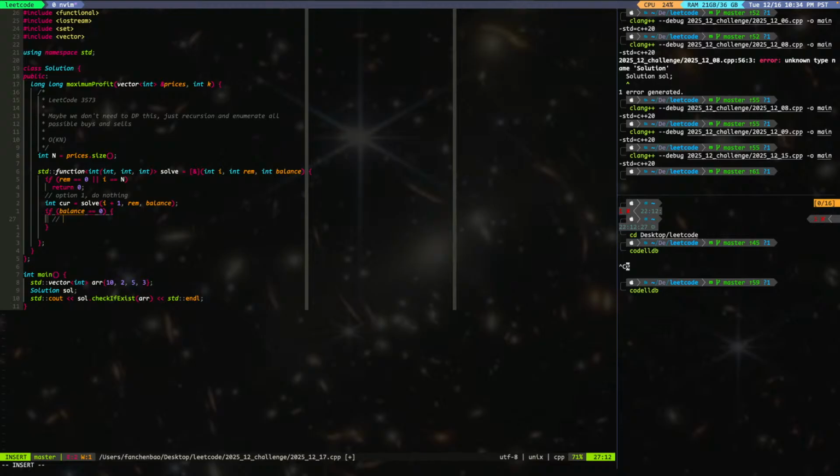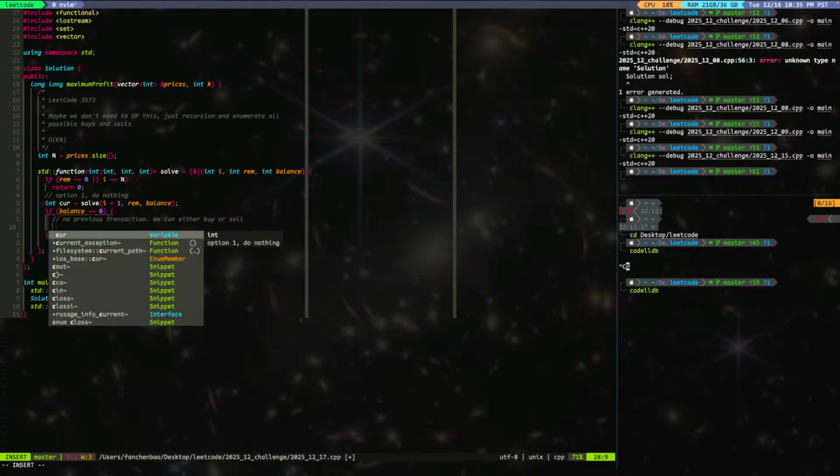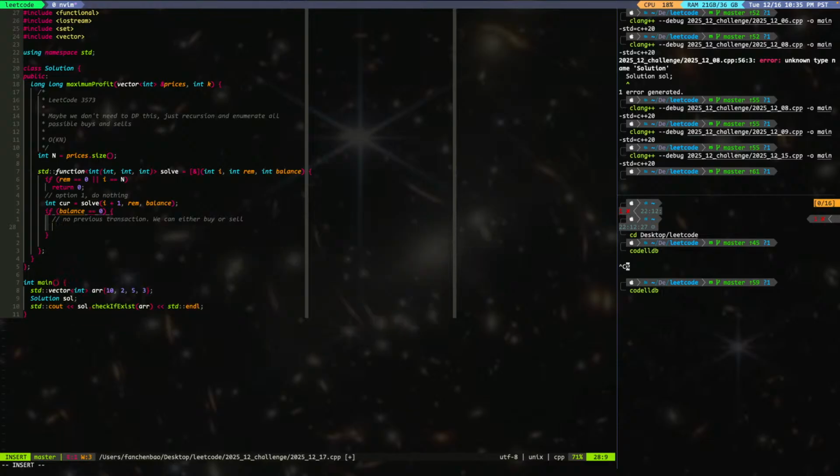So no previous transaction, we can either buy or sell. Right, so current, so option to buy.